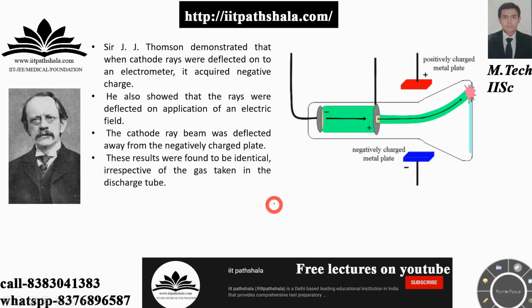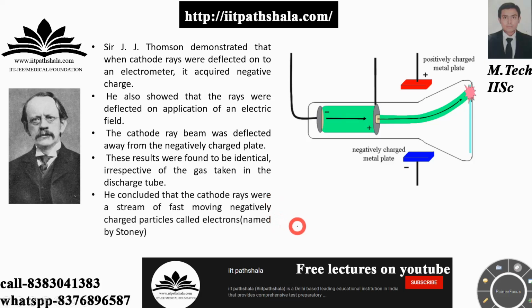The results were found to be identical irrespective of the gas taken in the discharge tube. So he concluded that the cathode rays were a stream of fast moving negatively charged particles, and he named them electrons.